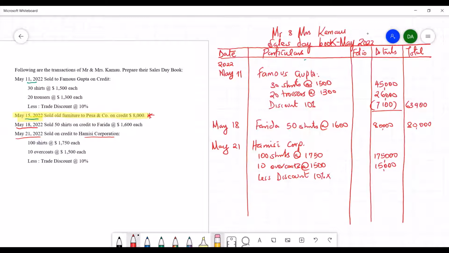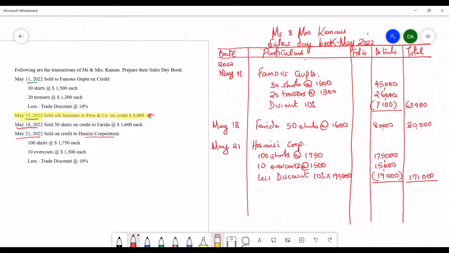The total is 190,000, as 175,000 plus 15,000 is 190,000, and 10% of that is going to be 19,000, which now we deduct. So we are going to have 190,000 minus 19,000, and that is equal to 171,000.